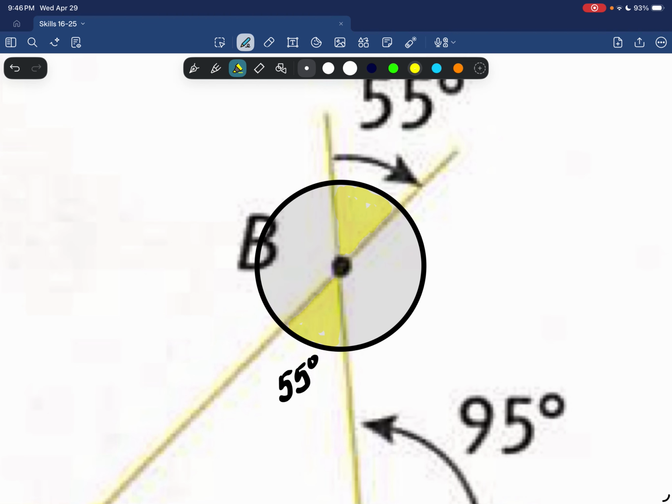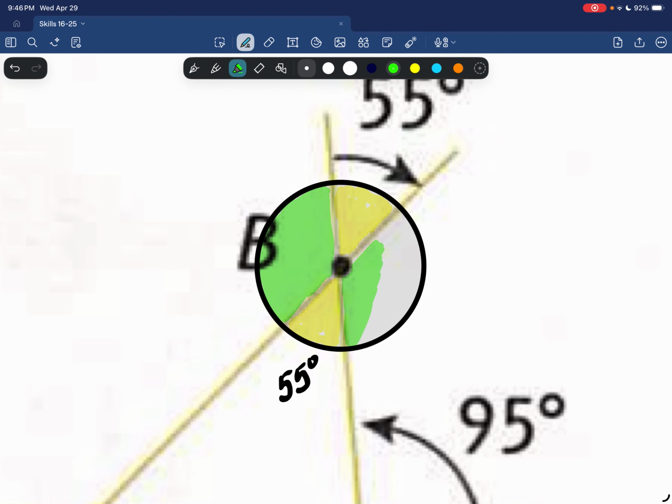And so then we're left with this part of the bow tie. I want you to think about the actual size of that angle. Would you say that this section that I'm coloring is a cute little angle? It's not. It's an obtuse angle because it's so wide.